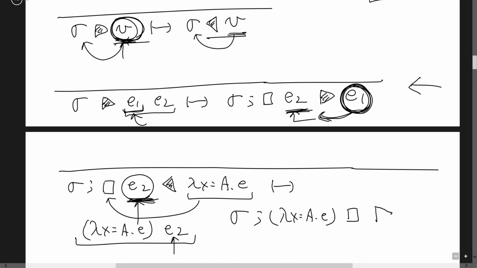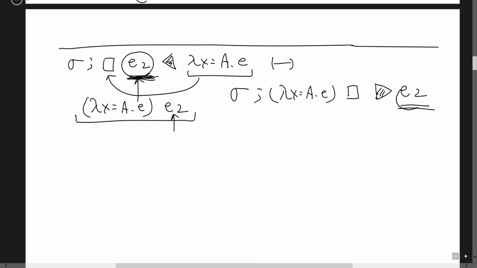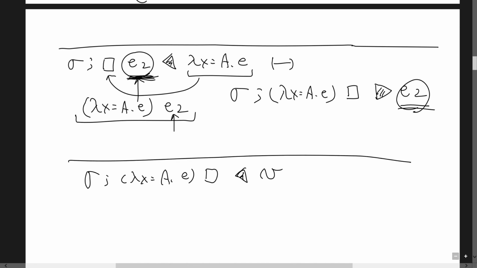And then we keep analyzing expression E2 because we don't know if this is value or not. And later, if everything goes okay, this one will return another value V. And this time, we are ready to apply beta reduction. You have lambda, and this one is going to fill the hole here. So you have lambda applied to value V.